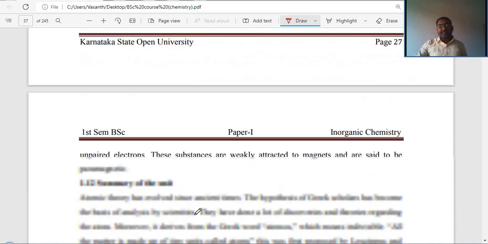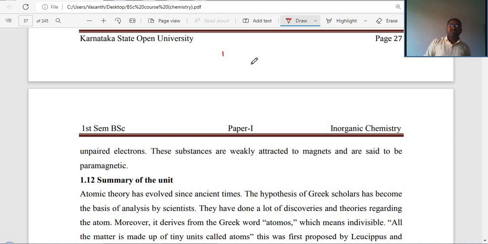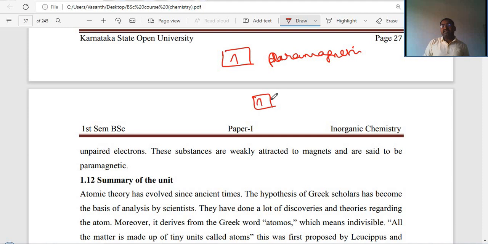If an orbital has single electrons, that is called paramagnetic. If an orbital has paired electrons, that is called diamagnetic.